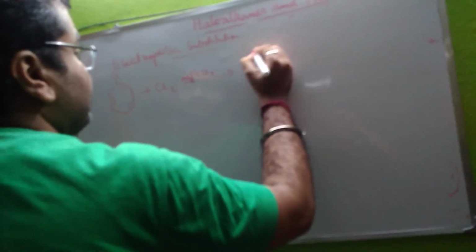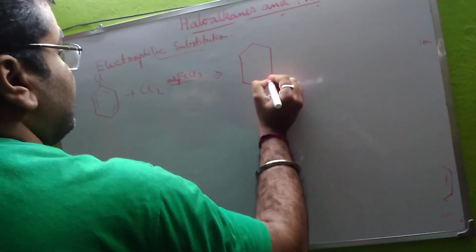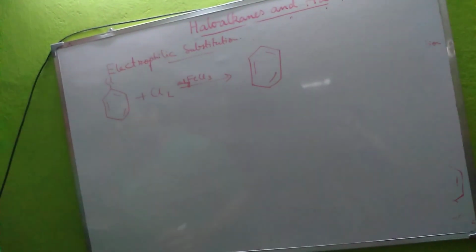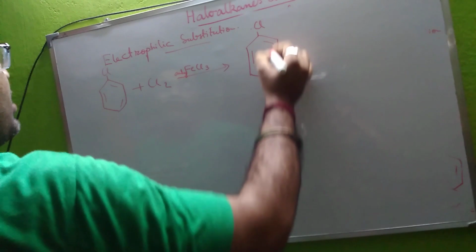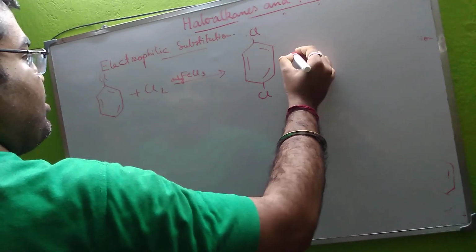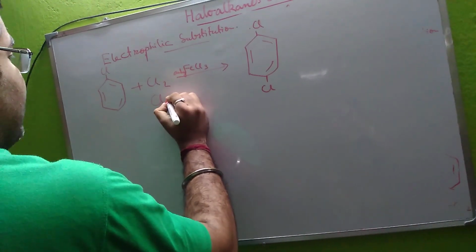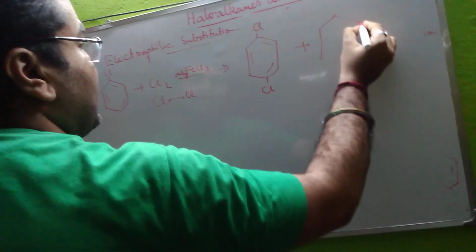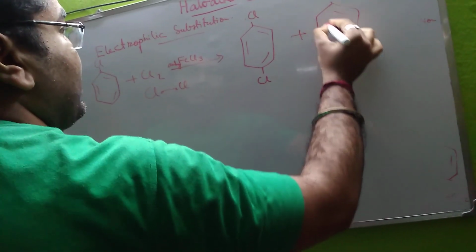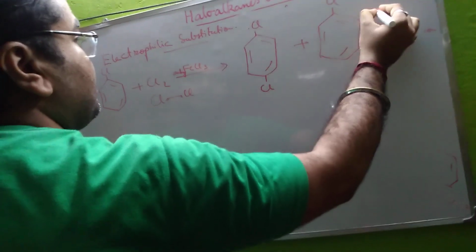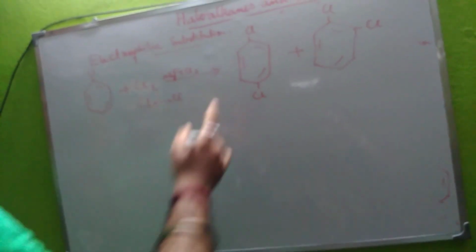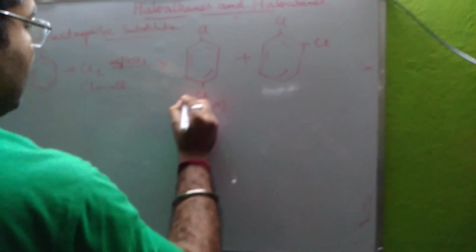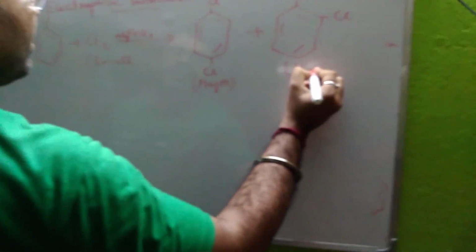What happens, as I stated, is that always the electrophiles will be occupying the ortho and the para position. So two products will be formed. One time the chlorine will be getting attached at the para position, because it's a homolytic cleavage. Another time another chlorine atom will be getting occupied at the ortho position. Since this is a symmetrical one, this would be a major product and this one would be a minor product.